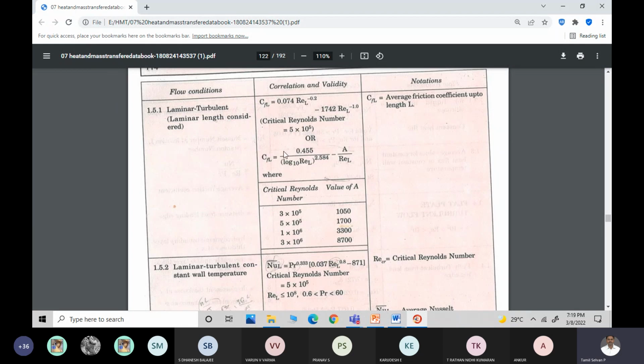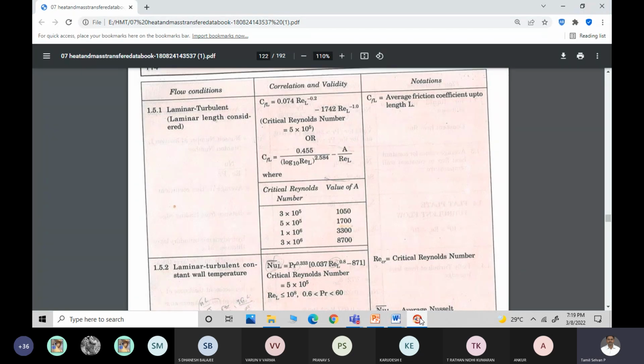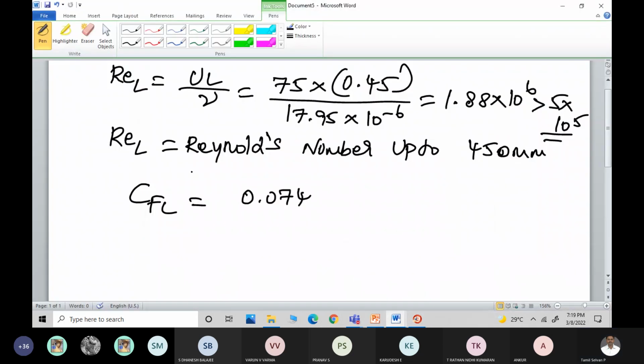In the data book itself, for laminar turbulent combined, C f L is mentioned as average friction coefficient, and it is 0.074 Reynolds number to the power minus 0.2 minus 1742 Reynolds number to the power minus 1.